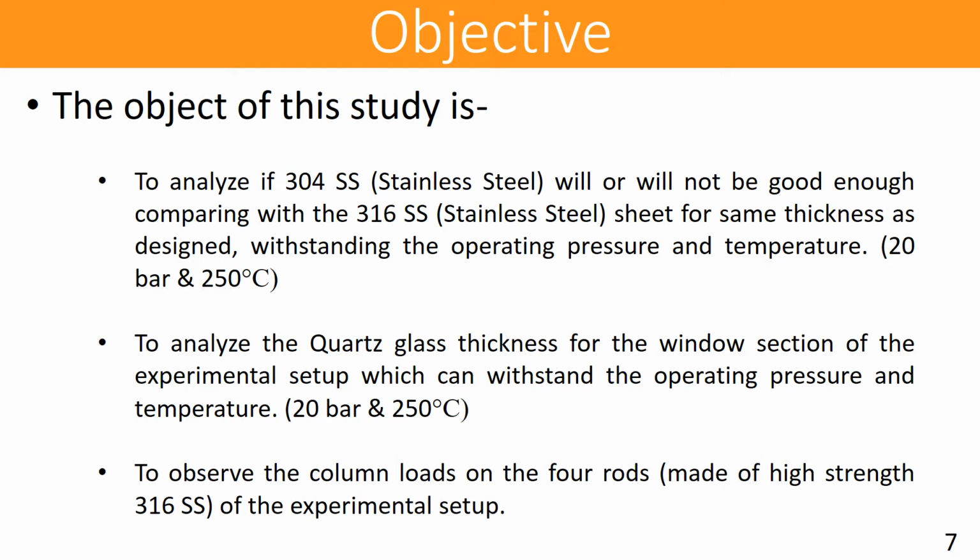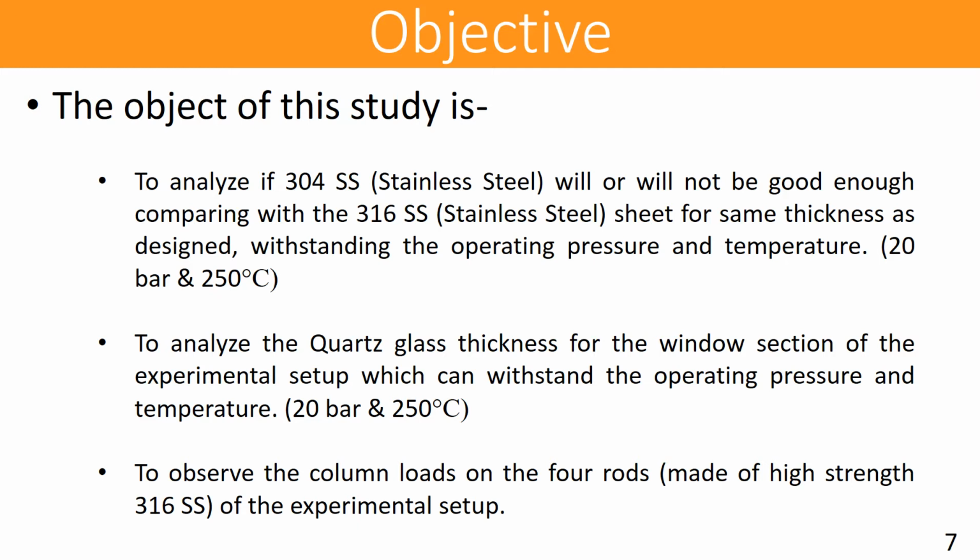Besides, for our experimental setup there will be two window sections, and the window sections will be transparent. We are using quartz glass for the window, so the quartz glass thickness is also important.